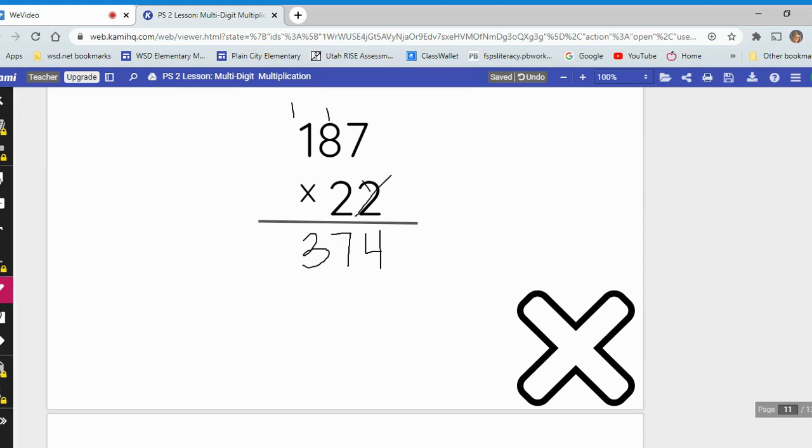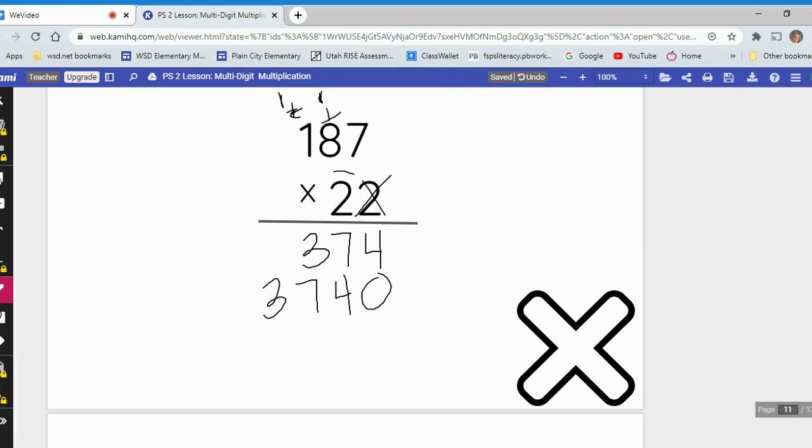Now, again, we're moving to the next place value, so we put a 0 placeholder. 2 times 7 is 14. Carry our new 1. 2 times 8 is 16, plus 1 is 17. Carry our new 1. 2 times 1 is 2, plus 1 is 3.